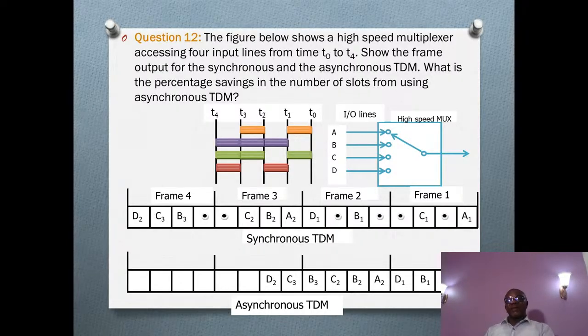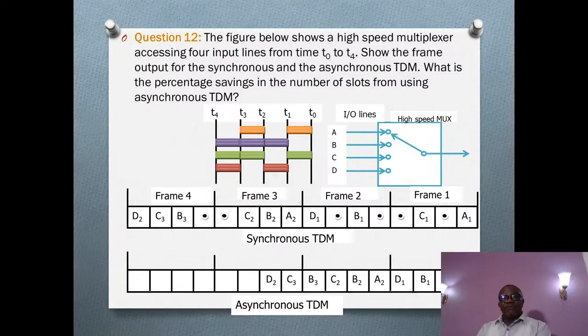Now, if you look at that, let's cool down and follow that. You see the high-speed multiplexer that has input lines A, B, C, D. So you can see the commutator arm accessing the 4 input terminals.